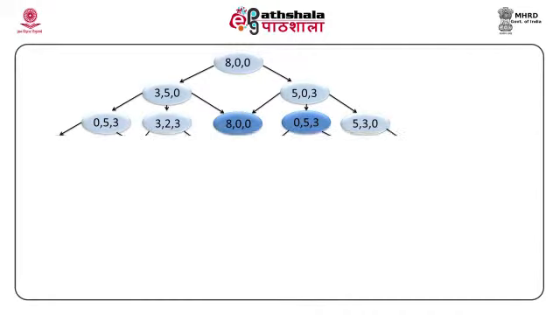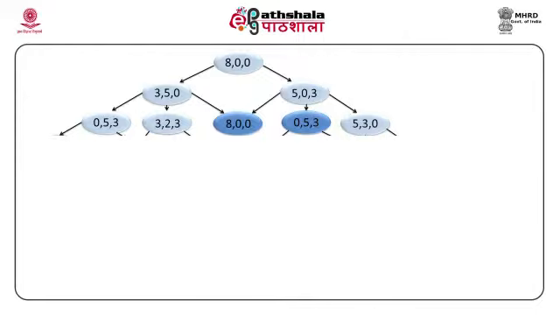Now the second level of the tree: 350 can be converted to 053. What does that mean? I am moving 3 gallons of milk from the 8 gallon jug into the 3 gallon jug. And 323 is moving 3 gallons of milk from the 5 gallon jug into the 3 gallon jug. And the third one, 800, is something which is already generated. We have already seen that this is something we would like to avoid.